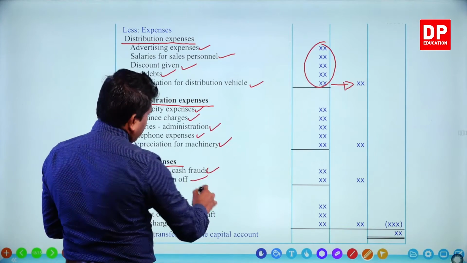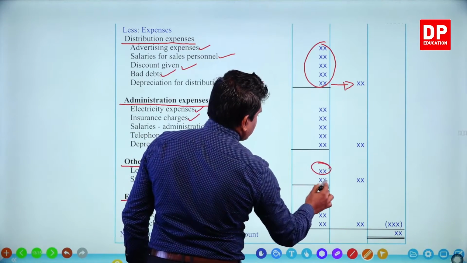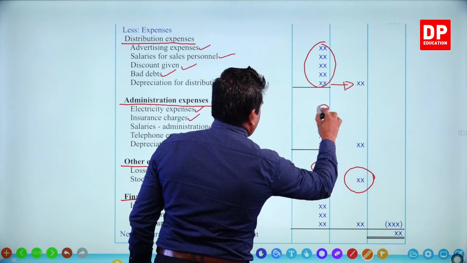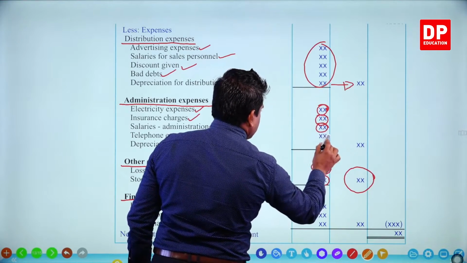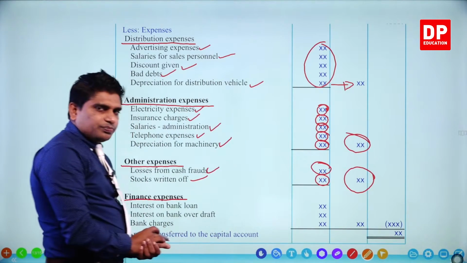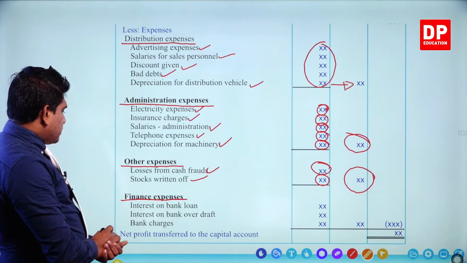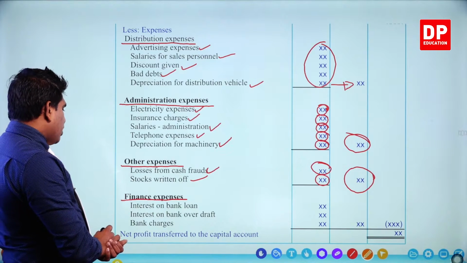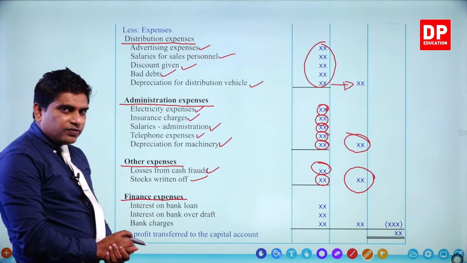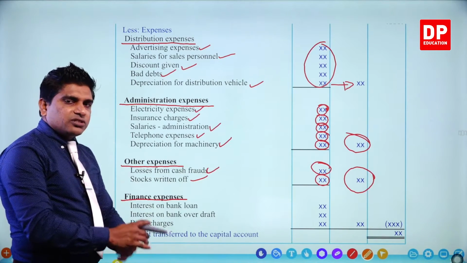The other one, their values also we write in the first column one by one. The total goes to the second column. Here also one by one their expenses we write in the first column, then total we bring to the second column. Now the next one: interest on bank loan, interest on bank overdraft, bank charges.